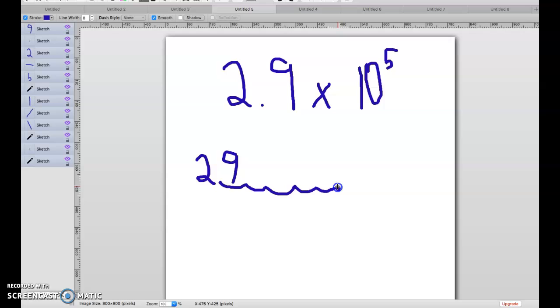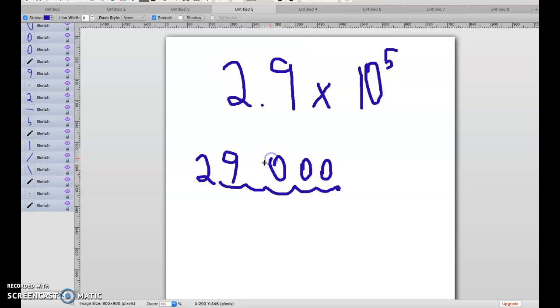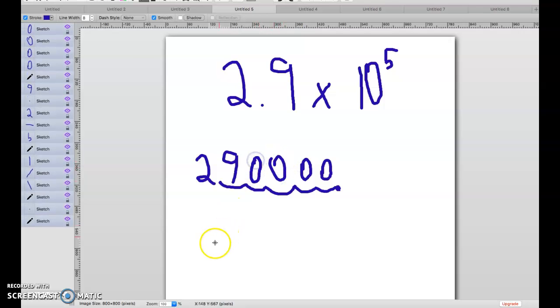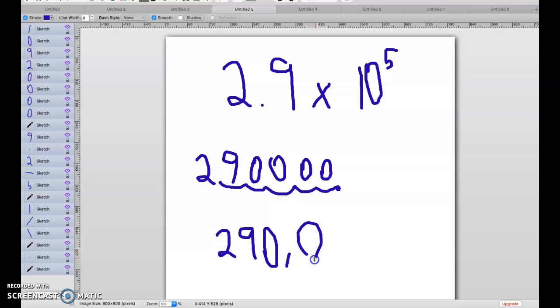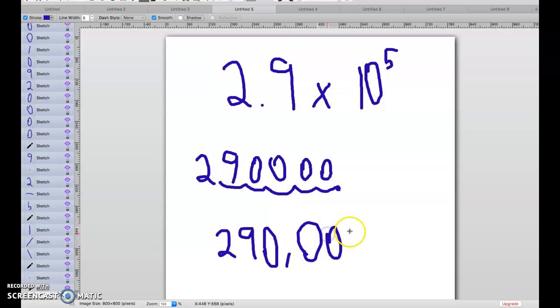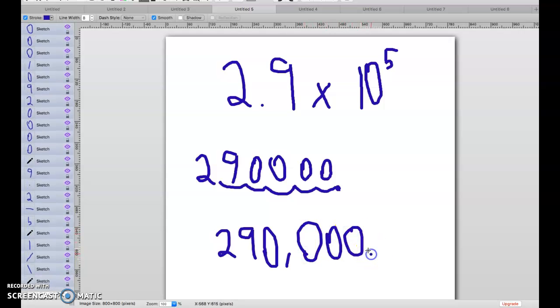The decimal place is right here, with zeros filling in. This number in standard form is 290,000.